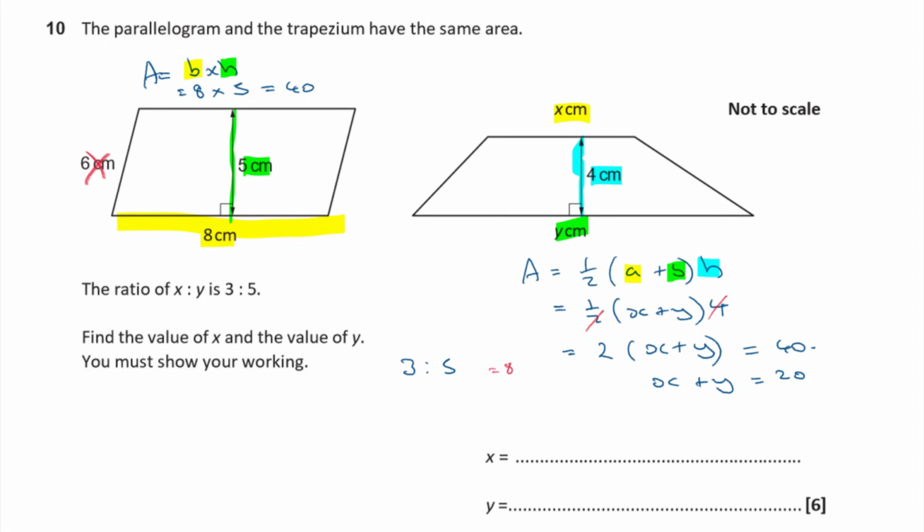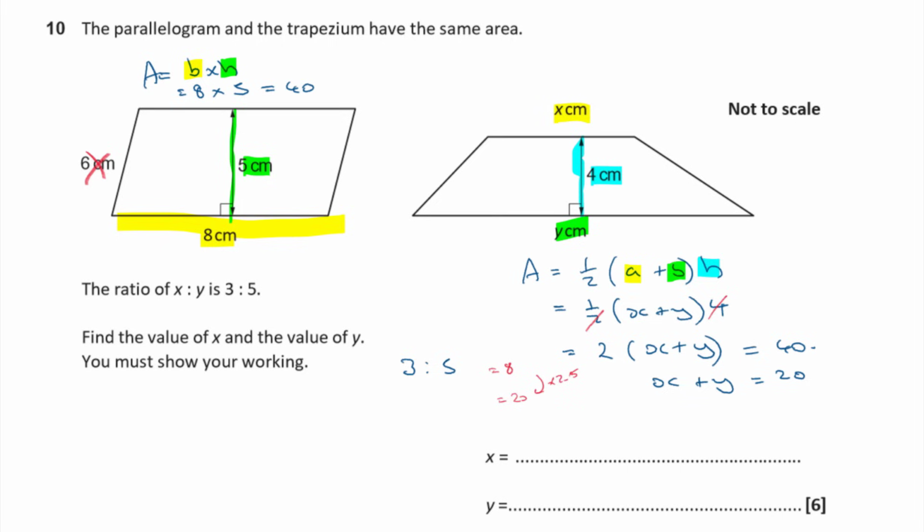Now I want the ratio parts to add up to 20. So what would I have to do to make the ratio parts add up to 20? I think what I need to do is times it by 2.5, because 8 goes into 20 2.5 times. Double 8 gets 16, and half of 8 is 4, 16 and 4 make 20.